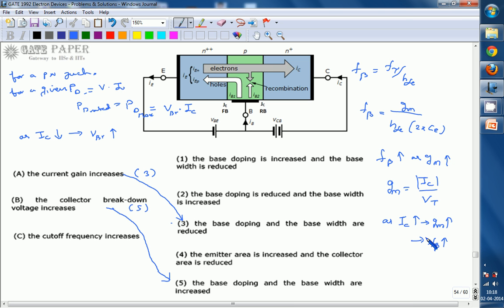But collector current increases when the base doping is reduced and the base width is reduced. So for C also, the answer is 3. Cutoff frequency increases as collector current increases, which means base doping and base width have to reduce. So the correct option is A3, B5 and C3. Thank you.